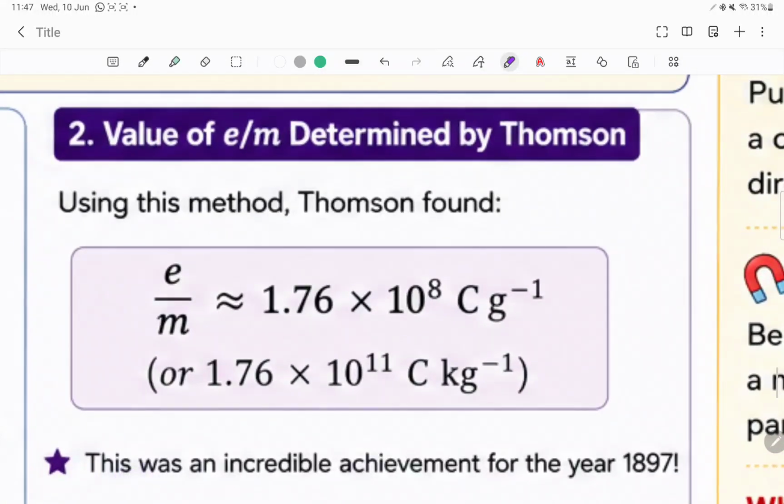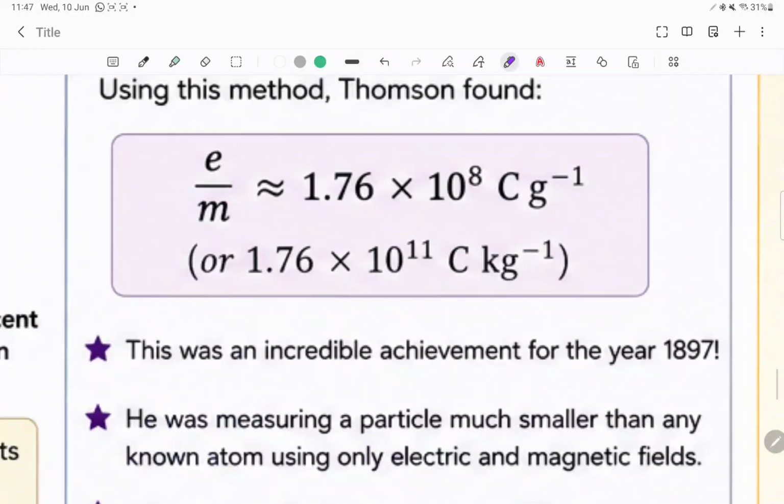So this was an incredible achievement for the year 1897. Why? At that time, measuring the mass of the atom itself was very difficult, but here the particle is smaller than the atom. How much? Nearly 200 times smaller than the atom.